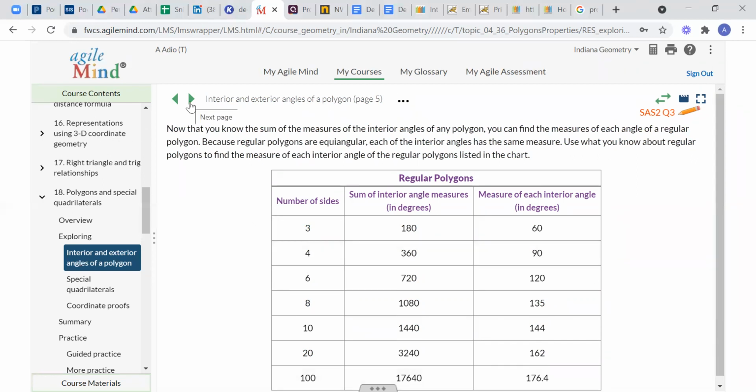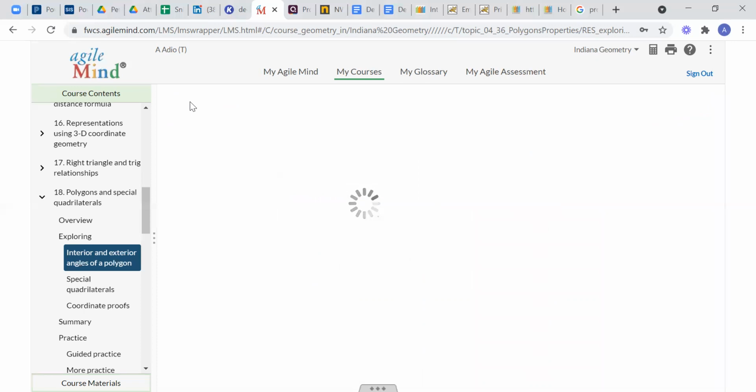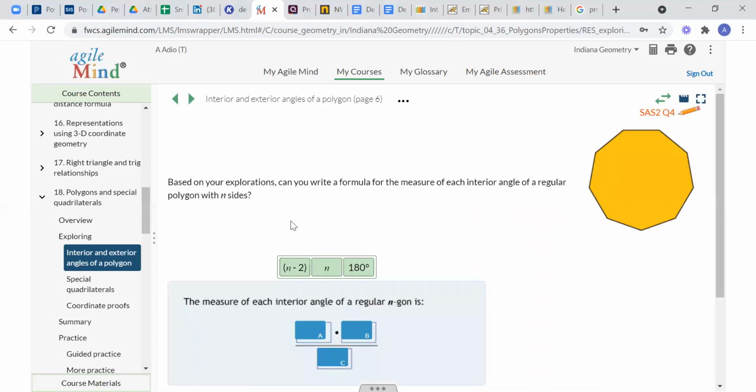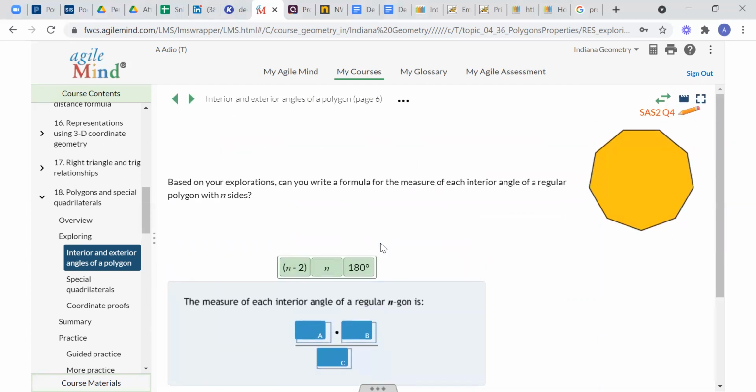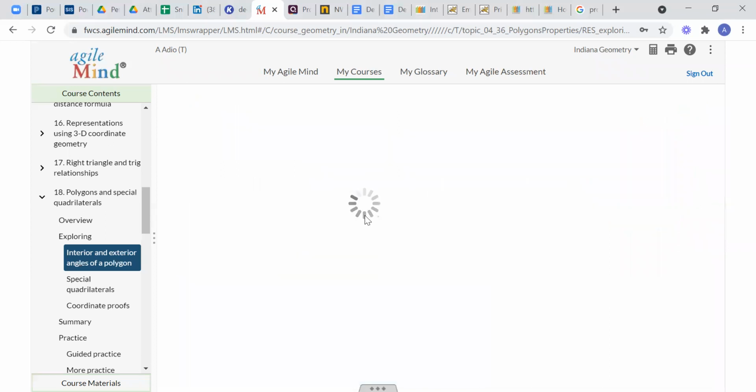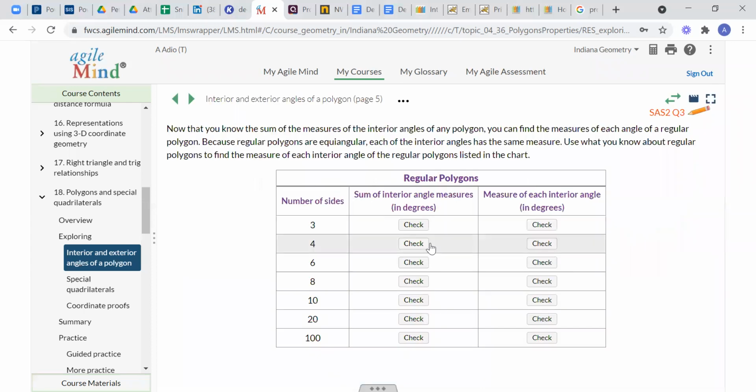So we go to the next page. This is the formula here. So how do we think we can use this formula to find each interior angle? Previously, what did we do?